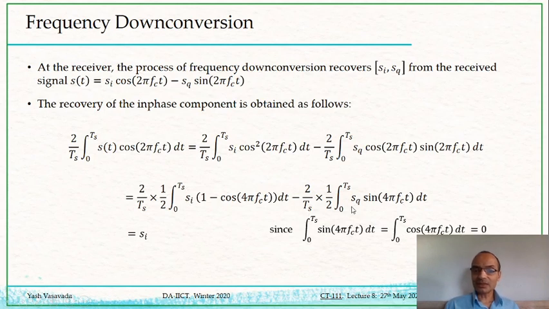The reason I can do that is I'm assuming that si and sq are constants, so I'm pulling it out of the integral, assuming that they don't change with time. And so when this term and this term, they both become 0, then all that I'm left with is S of I. So from S of t, I got S of I.